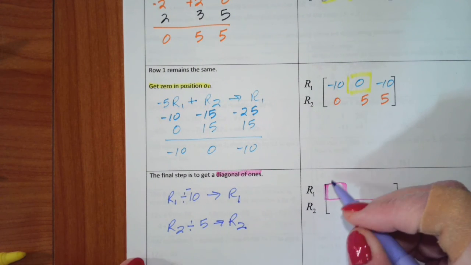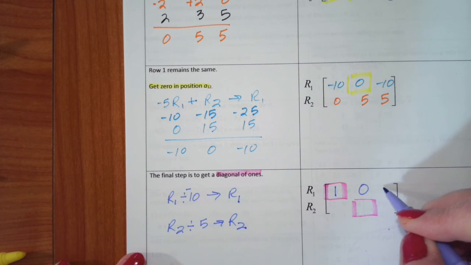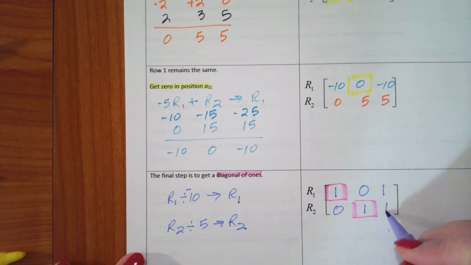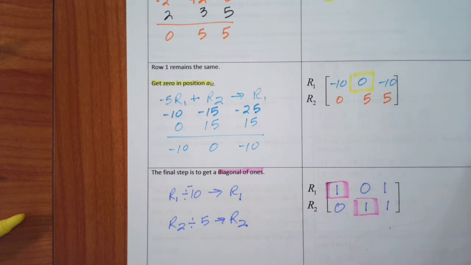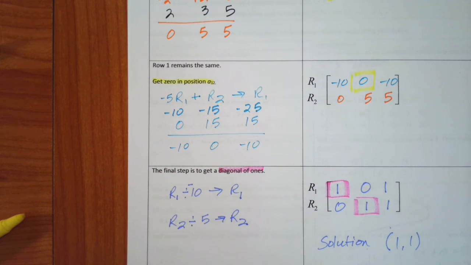So -10 divided by -10 is 1. 0 divided by anything is 0. And I have another 1. 0, 1, 1. So that tells us our solution is 1, 1. Okay, the end.